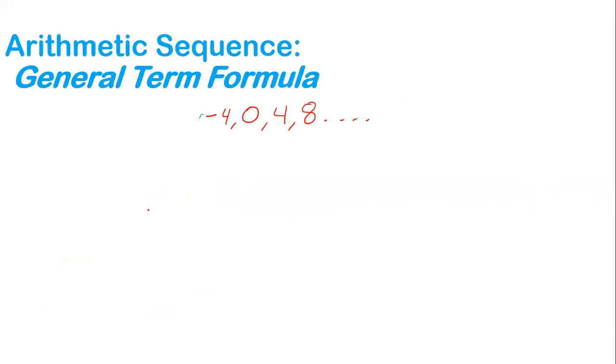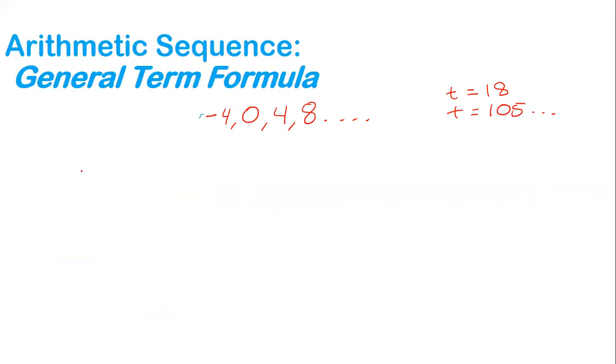And now if we remember our definitions, a general term formula allows us to determine any term within the sequence we want. So if we were looking for, let's say, term 18, we could do so. Term 105, we could also do so using our general term formula.